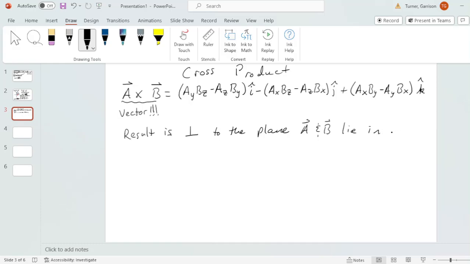Okay. So if A and B are in the XY plane, then A cross B is going to be along the z-axis. Okay.